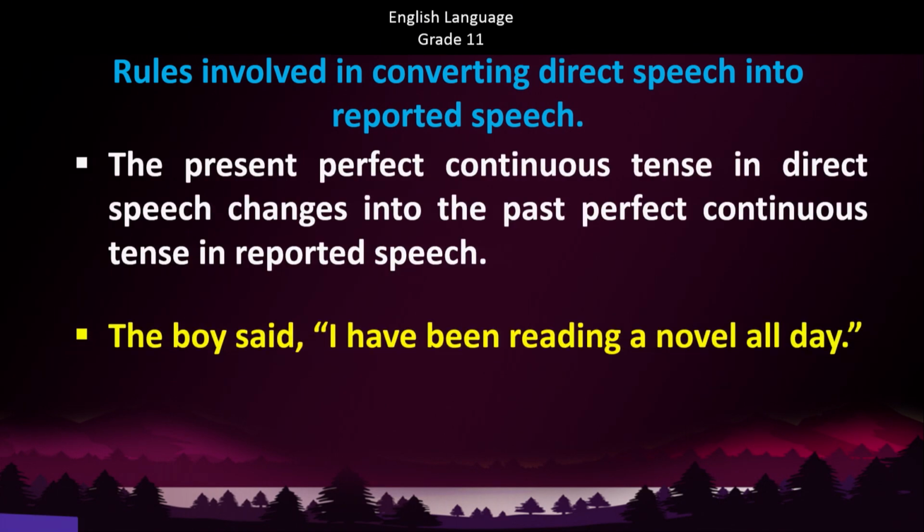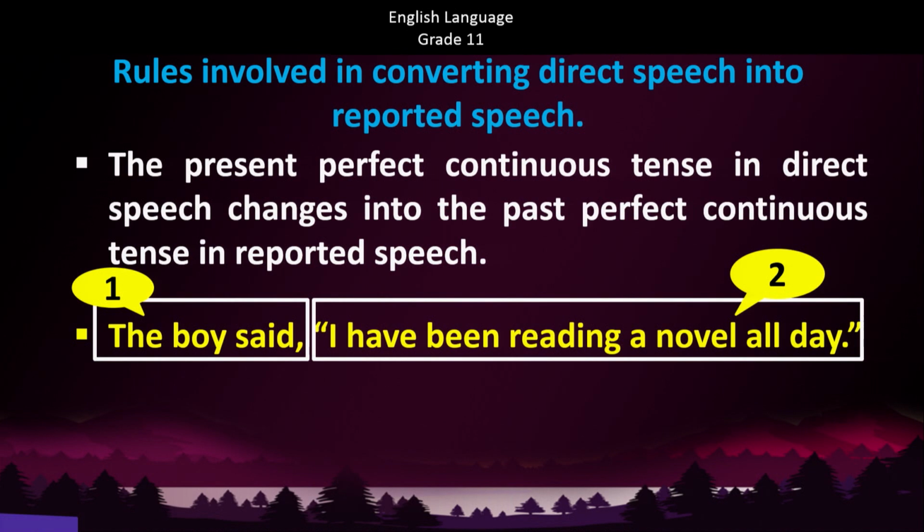The present perfect continuous tense in direct speech changes into past perfect continuous tense. The present perfect continuous tense, I have been reading, that is present perfect continuous. So, in past perfect continuous you have to include had, been and the present participle. So, in this sentence you note that the boy said, the reporting clause is in past tense.